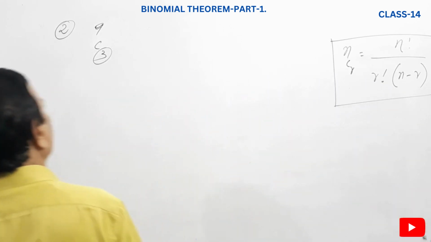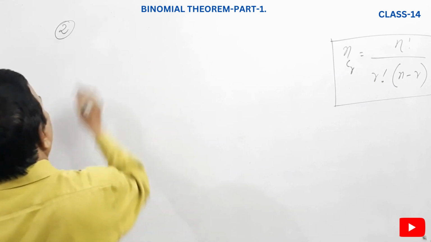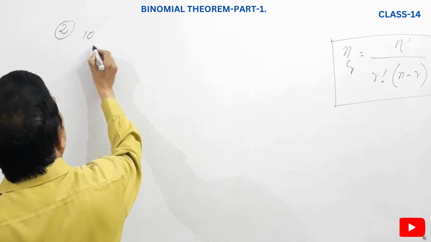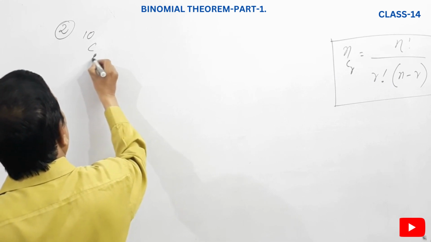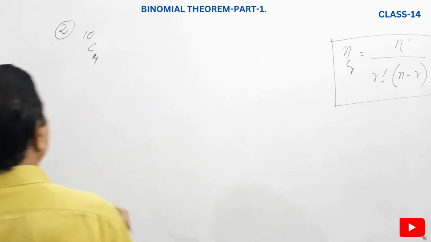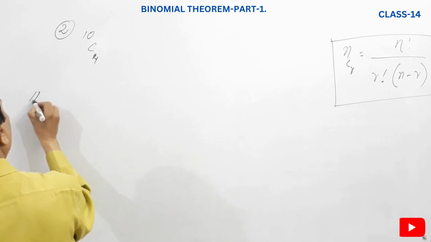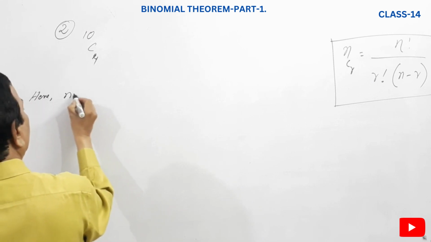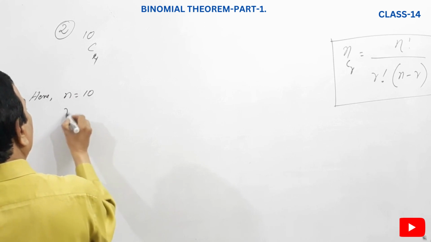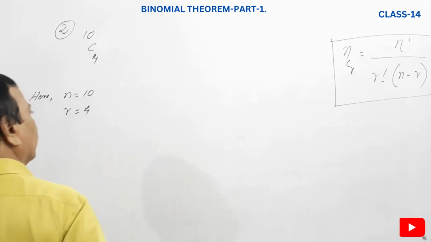Now let us take this problem: 10 C 4. I'll use the formula. Here n equals 10, r equals 4.